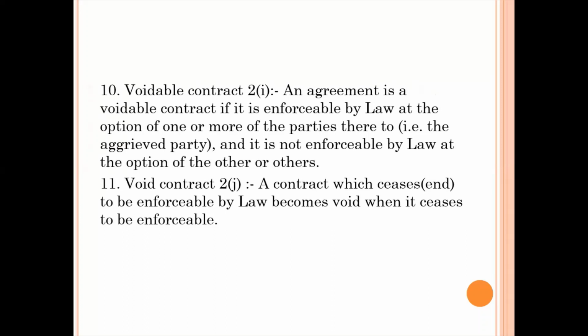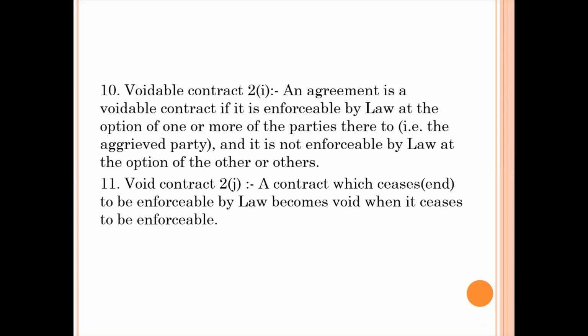The next topic is voidable contract. This comes under section 2I. An agreement is a voidable contract if it is enforceable by law at the option of one or more of the parties thereto, but not at the option of the other or others.